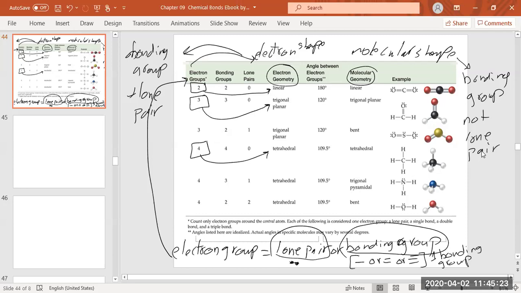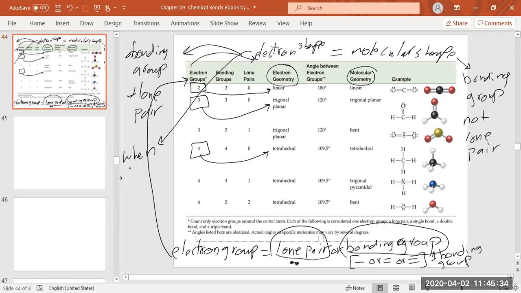Now, first of all, the molecular shape equals the electron shape when there is no lone pair, that means zero lone pairs. Okay, guys? Molecular shape will equal electron shape when we have zero lone pairs.